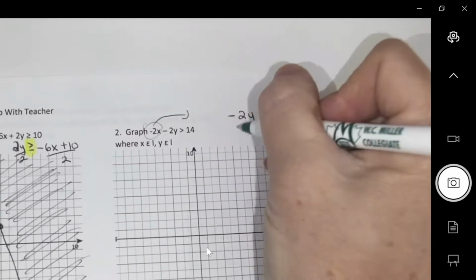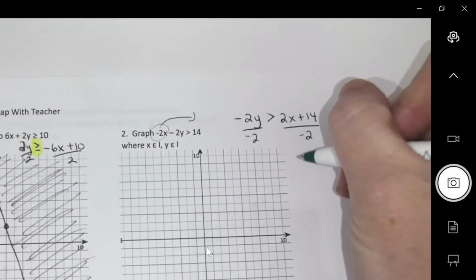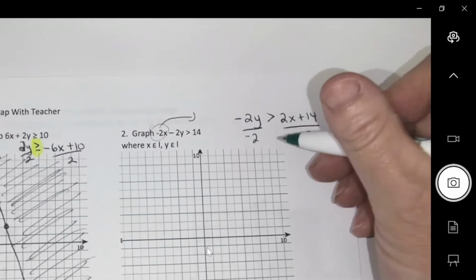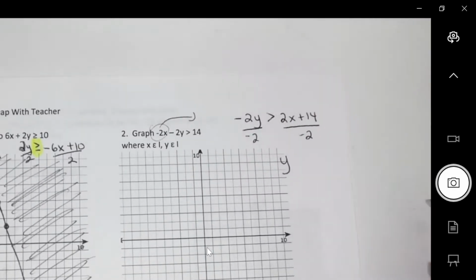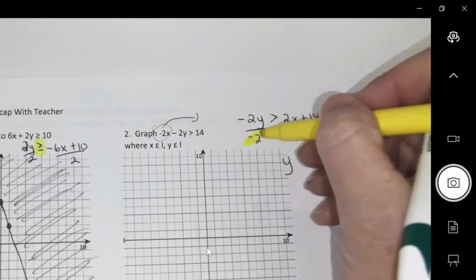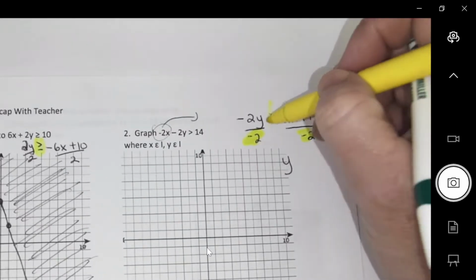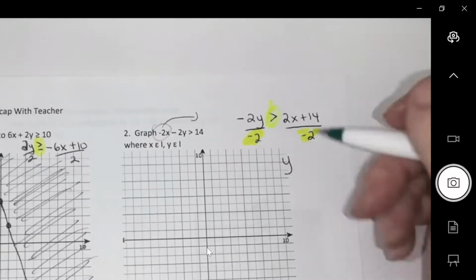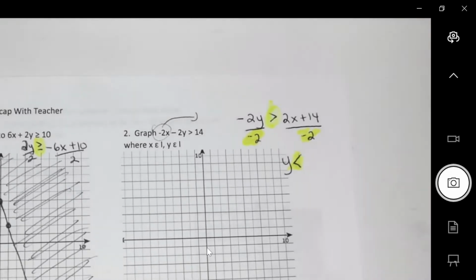And then I'm still going to have to divide by a negative 2. Okay, what happens in the math when you divide by a negative? Remember what happens? Something you have to remember. It flip-flops the sign direction, right? Remember that rule?